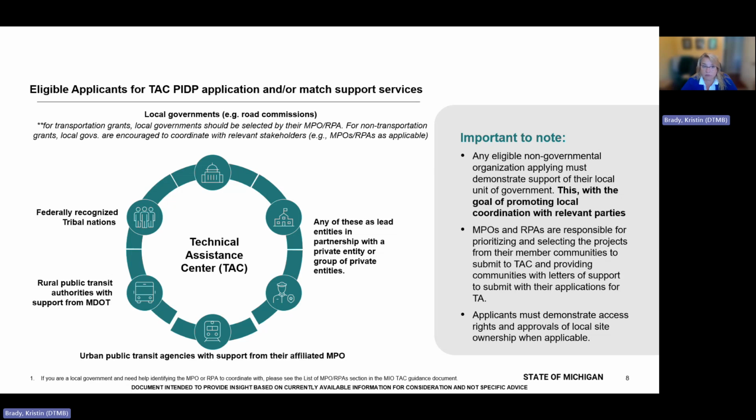And any of these can also serve as a lead entity in a partnership with a private entity or group of private entities that co-own the port. These applicants are eligible to apply for technical assistance because those are the eligible applicants for the federal PIDP program.